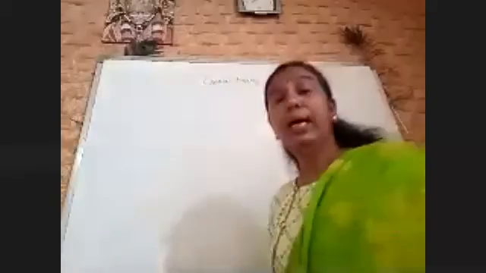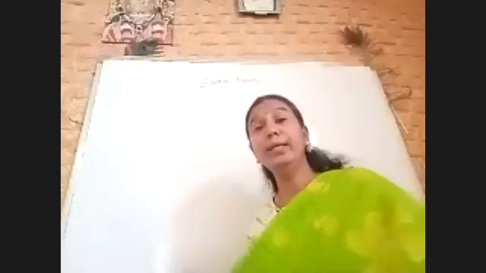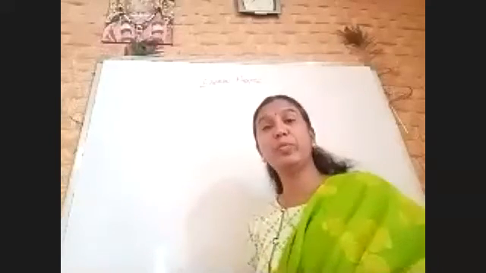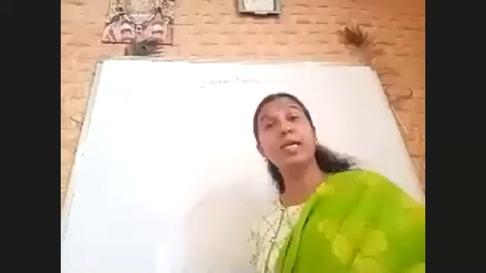Cranial nerves. I had already told you what you mean by cranial nerves. The nerves which arise from the brain are the cranial nerves, and they are 12 pairs. Okay, so let's see about them.